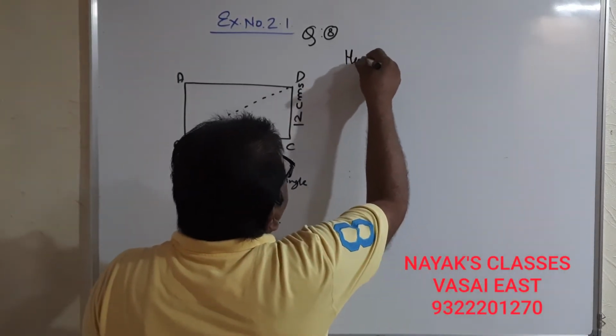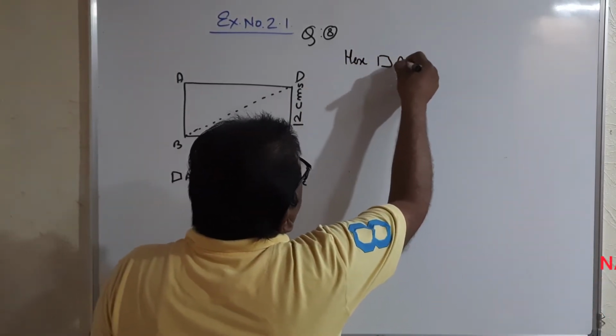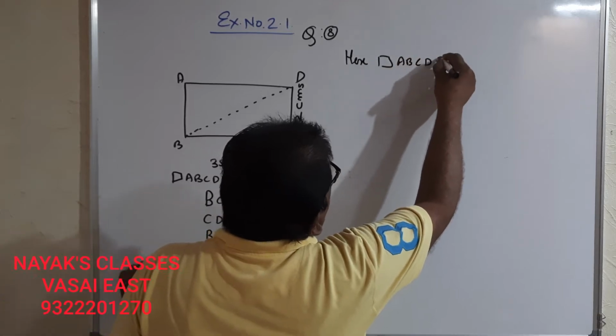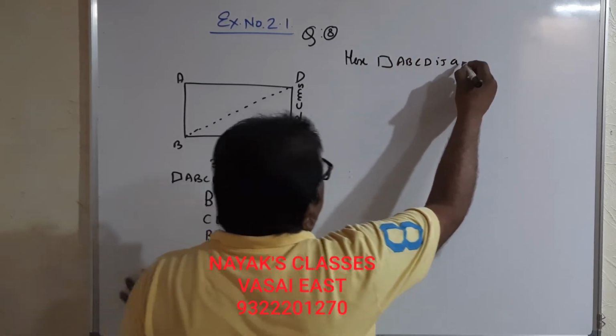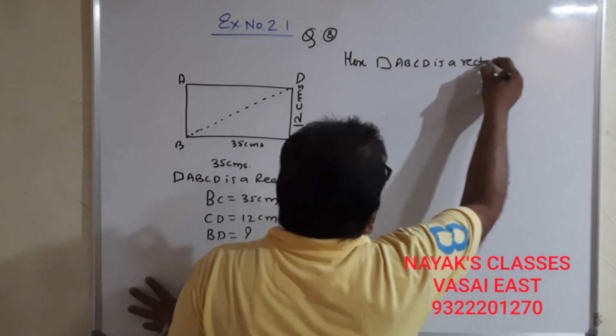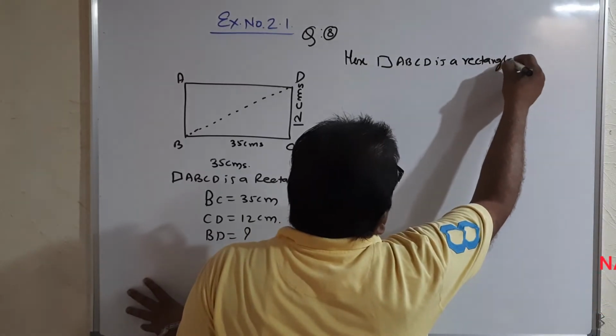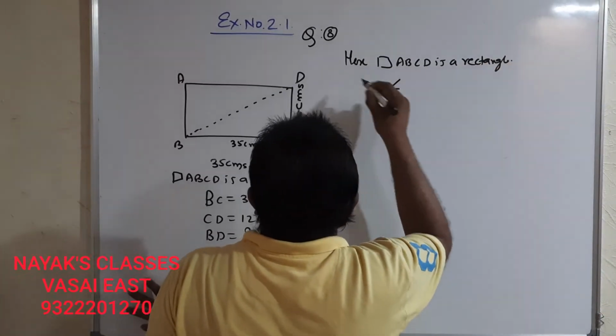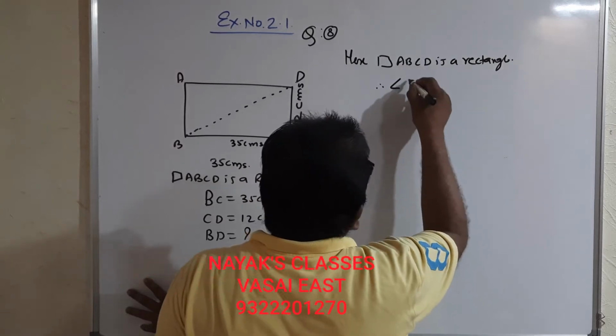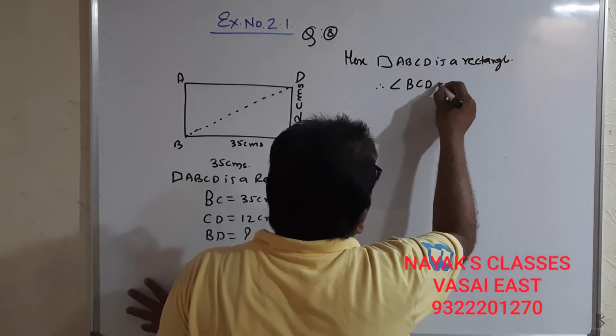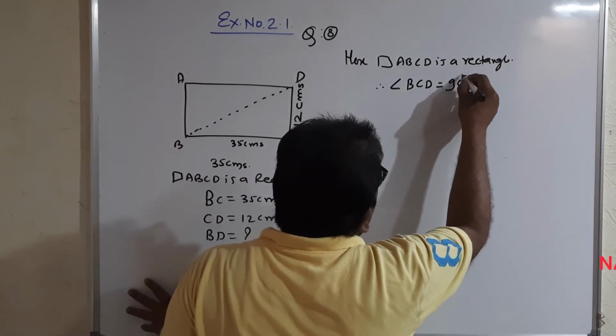Here quadrilateral ABCD is a rectangle. Therefore, angle DCB, whatever it may be, it must be 90 degrees.